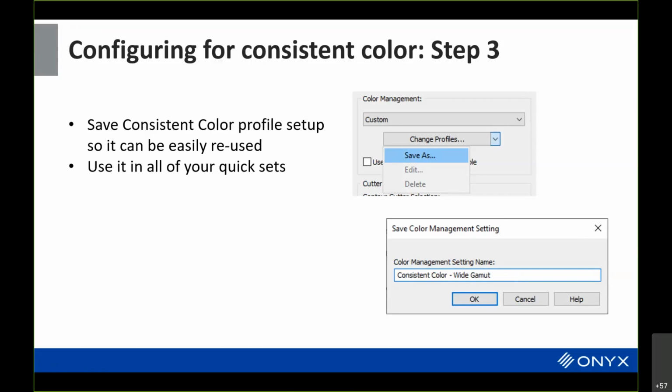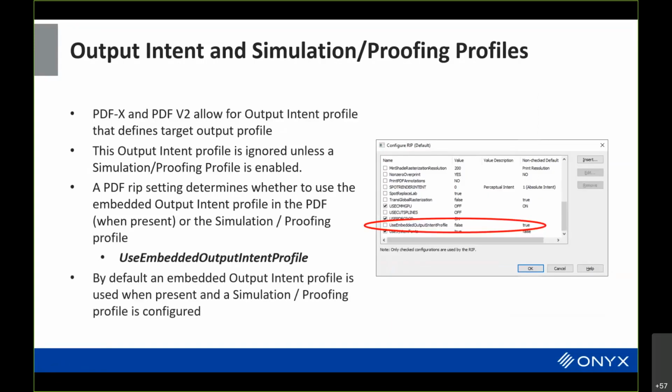Now, I do need to talk a little bit about how using simulation profiles works in terms of PDF/X and version 2 PDF. Both of these have what is known as an output intent profile that can define the target output profile. So a designer will say, I want to use US Web Coated SWOP, and that's the target I'm going to, or I want to use Fogra 39, and that's my target, or Japan Color.